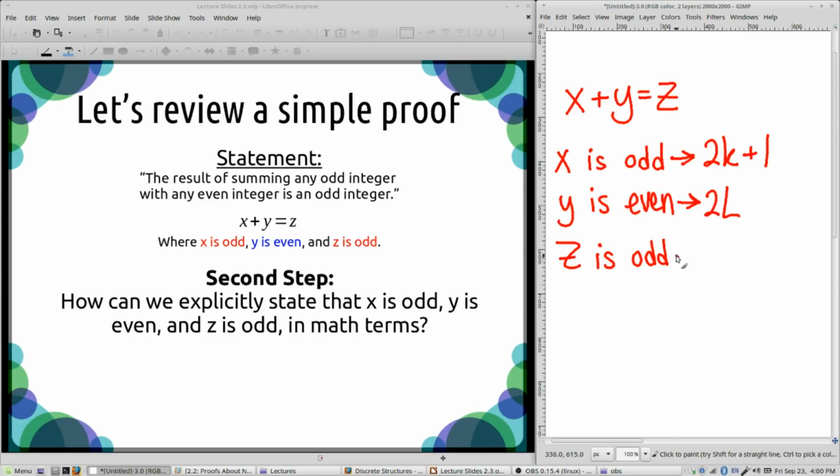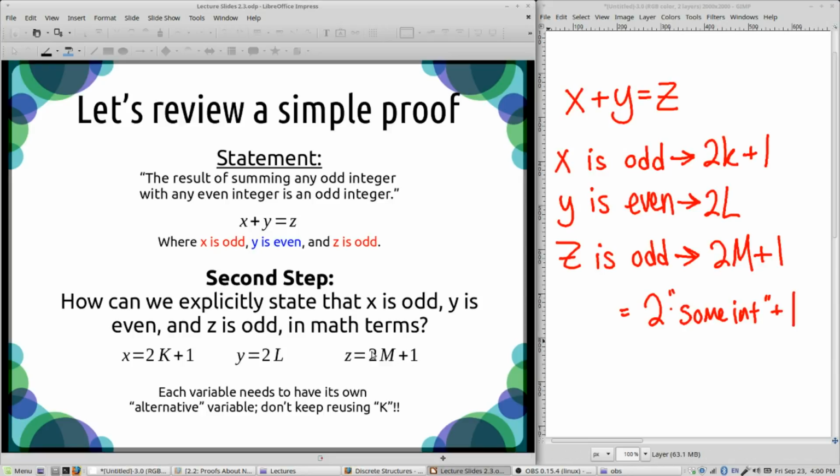And then z is also odd. At the moment we can write something like 2m plus 1, but anything we do with k and l isn't going to end up as m. It might be better to think of this as 2 times some integer, like some int. You don't even know which int. It doesn't matter. It just has to be some integer plus 1.